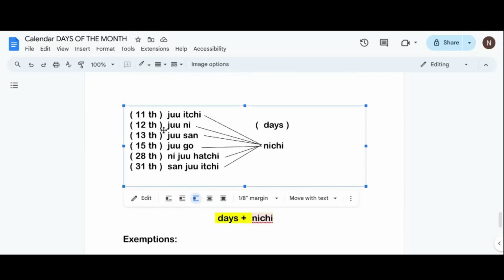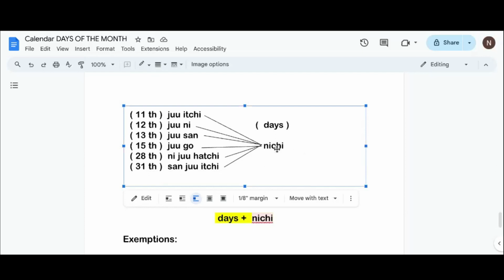The 12th day is juni nichi. The 13th is jusan nichi. The 15th, jugo nichi. For the 28th, nijuhachi nichi. For the 31st, sanjuichi nichi.